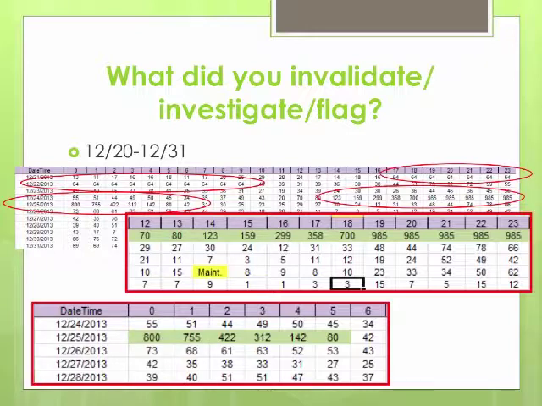So he's saying that the 985 value is just the maximum value that the instrument can register, basically, or monitor. Does that mean that's the PM 2.5 concentration that was occurring during those 4 hours?